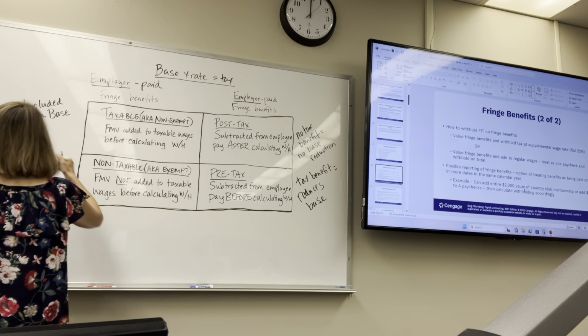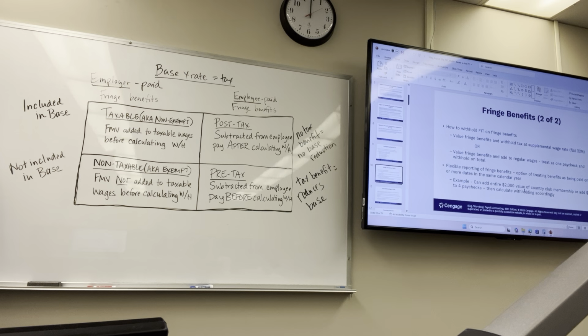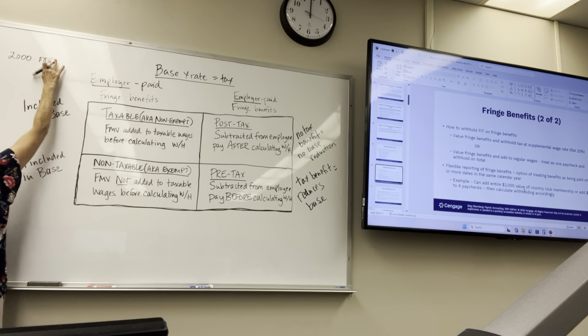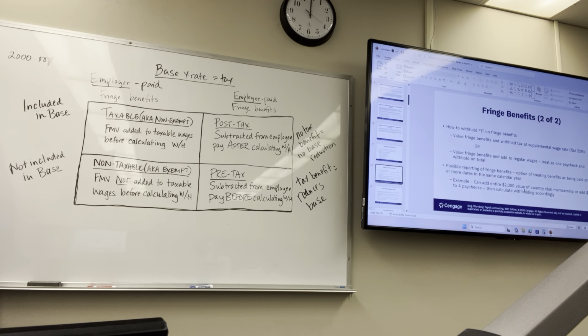So let's just say we've got wages this period of $2,000, and then we have a taxable fringe of $200. What this does is it makes our base $2,200.